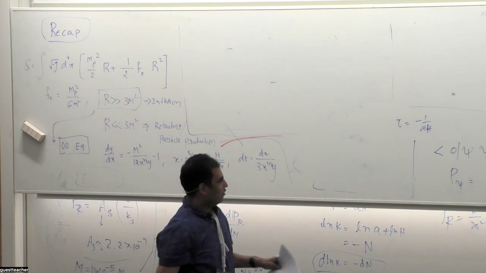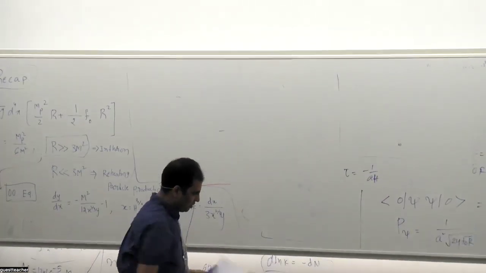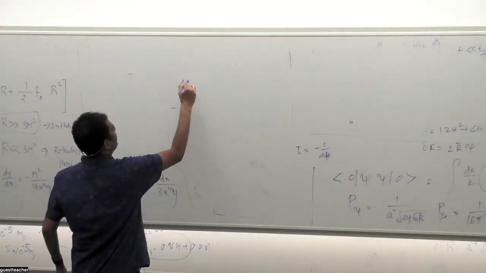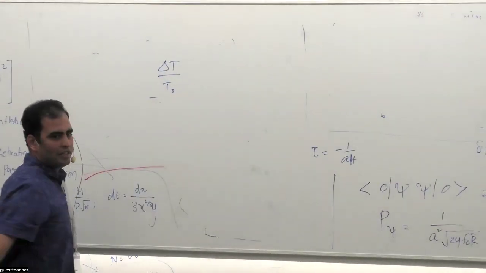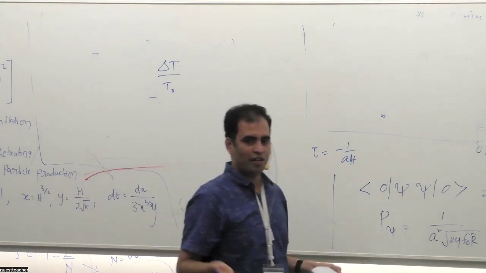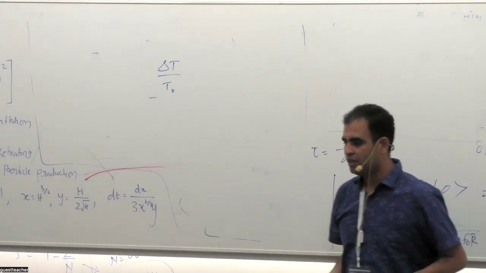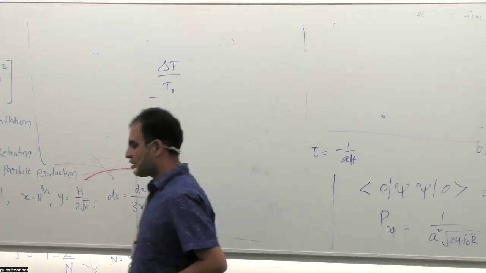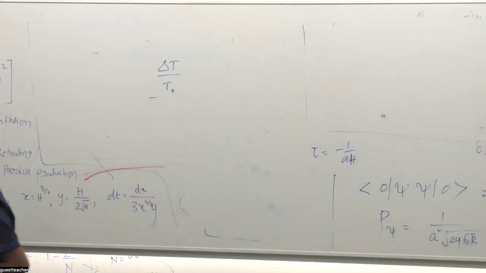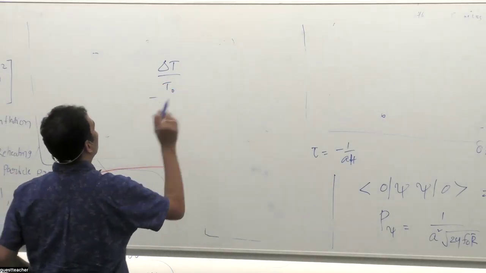Okay. So what is CMB? CMB is temperature fluctuations, delta T by T0. T0 is the temperature of the CMB, which is 2.7 Kelvin. It's a perfect black body spectrum measured by so many probes.